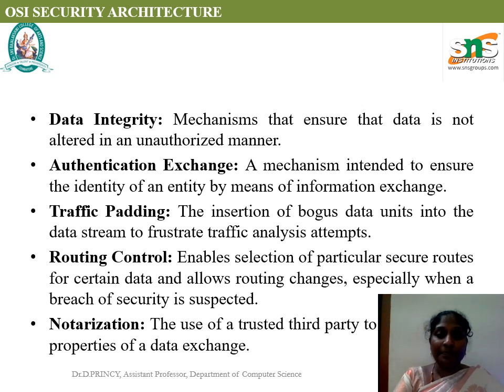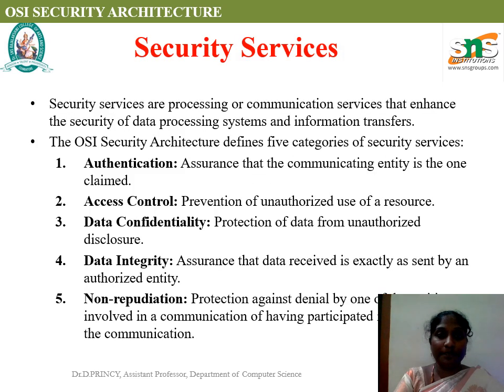Traffic padding is the insertion of bogus data units into the data stream. Routing control: before transferring, we must specify the routing devices involved in the routing. Notarization is the use of a trusted third party to transfer the data, that includes the properties of data exchange.